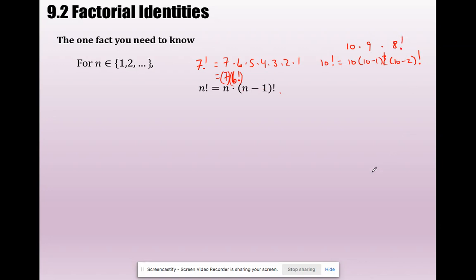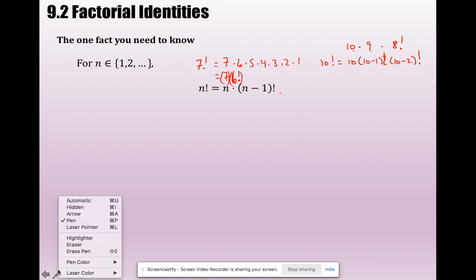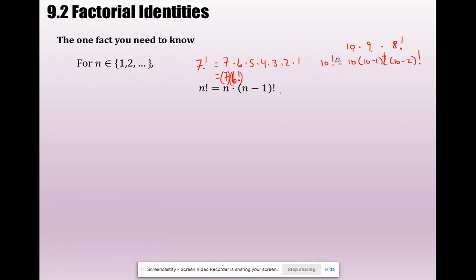And of course, you need to be able to go backwards too. If I see 8 factorial times 9 times 10, I could rewrite that as 10 factorial. An equal sign is a biconditional statement and goes both ways. So if that's true for n starting at 1, then when I include 0, look at this statement. n plus 1 factorial could be rewritten as n plus 1 times n factorial, right?